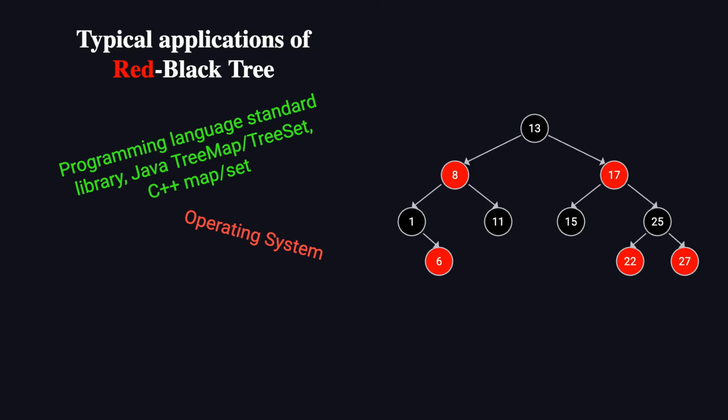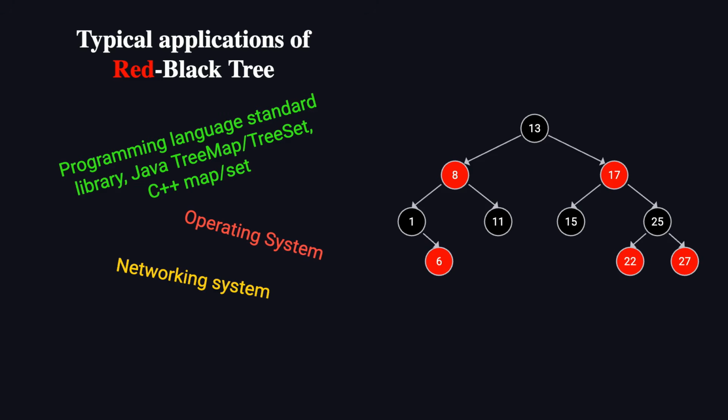Operating systems also make use of red-black trees. In the Linux kernel, a red-black tree is used to manage virtual memory areas, VMAs, which helps optimize memory allocation and deallocation. Red-black trees also appear in some networking systems. For example, Linux's IP set may use red-black trees to store and quickly match IP rules.